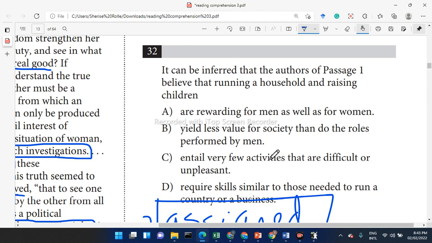I would go with A. I think C. I didn't quite understand the question.